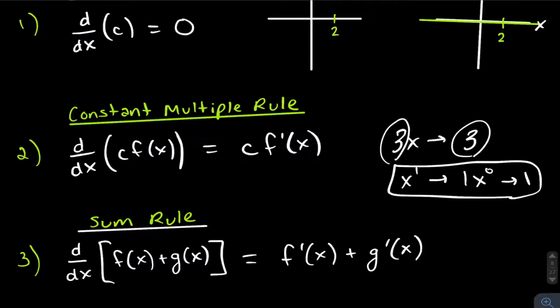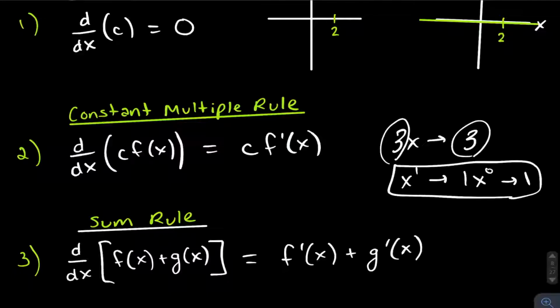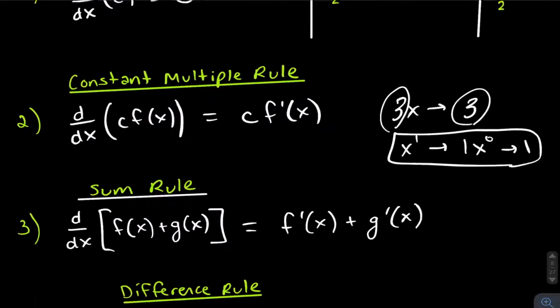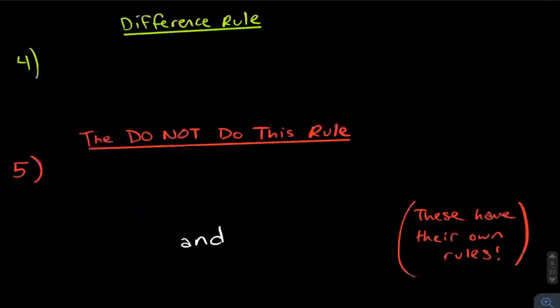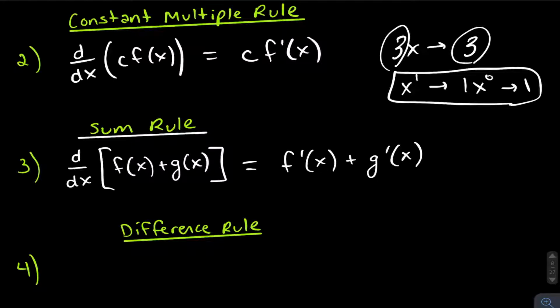So what this says is that you could take the derivative separately. You can take the derivative of f of x and then just add it to the derivative of g of x, so you get f prime of x plus g prime of x. We'll actually see some examples here. What I mean is something like 2x squared plus 2x. You can take the derivative of 2x squared, and then take the derivative of 2x and just add them together.